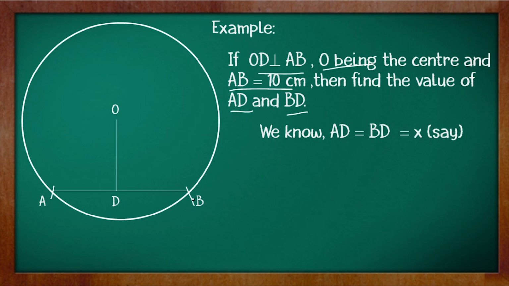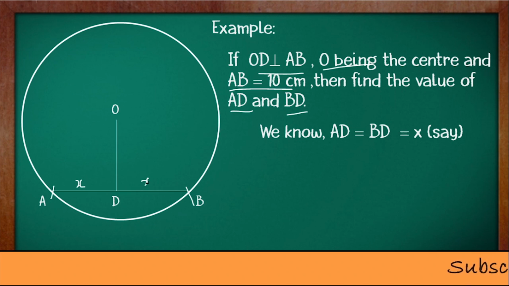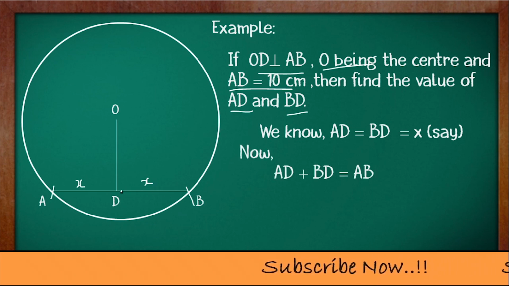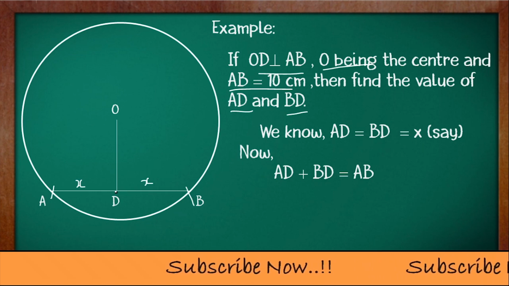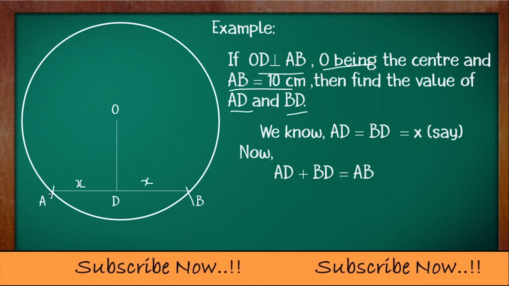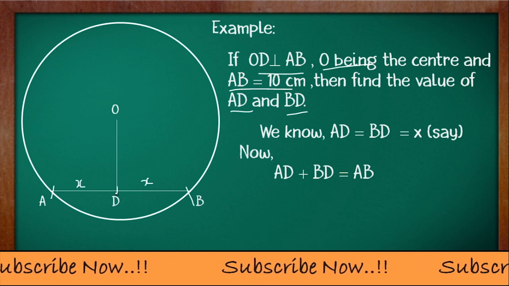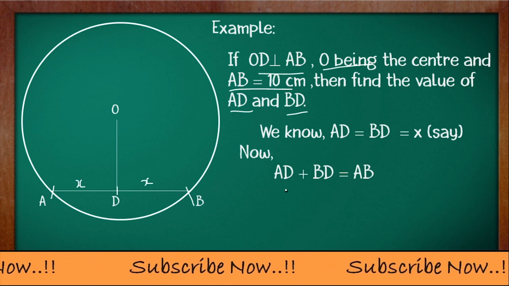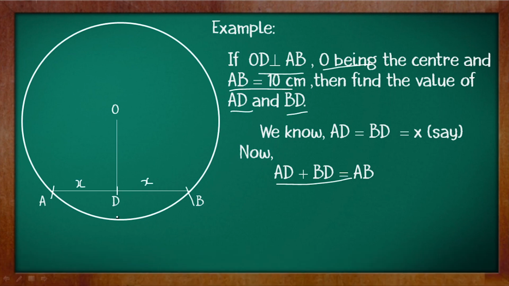Now let's say this to be X. So this is X and this also X. The length I am taking to be X. Now we know that if we add from A to D and from D to B, we'll get the whole line, that is AB. And what is AD?